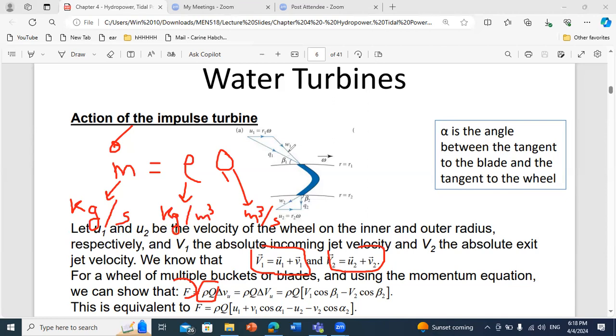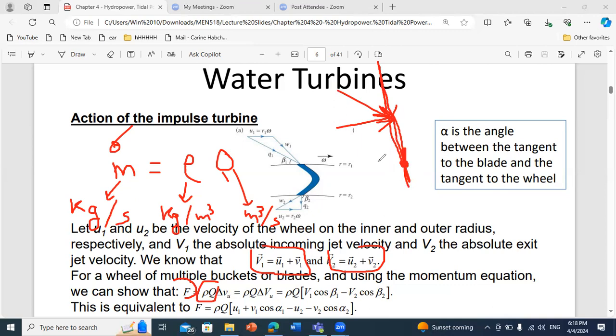Because if you have an axis and you have a blade, and you are exerting a force on this blade, this force is decomposed into two components, one that is tangential and one that is normal to the blade. If you take the component that is normal to the blade, it will not produce any rotational effect because it's passing by the center.